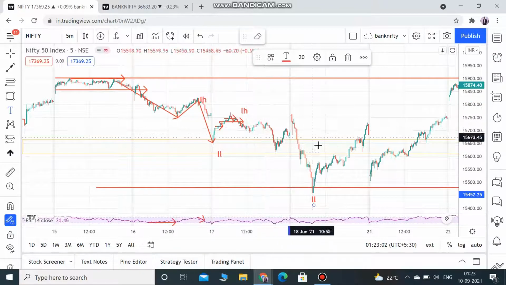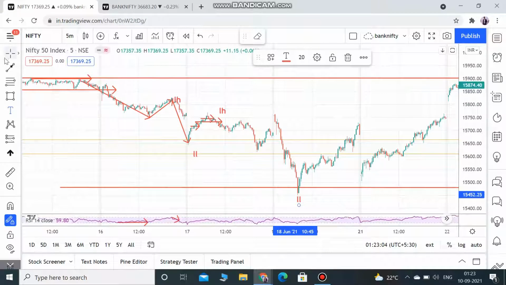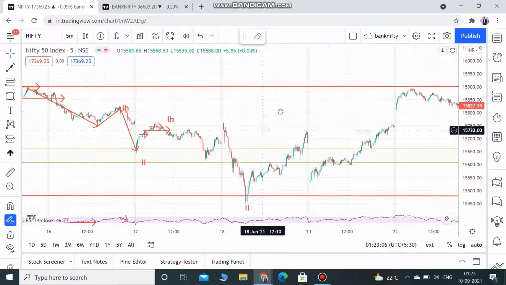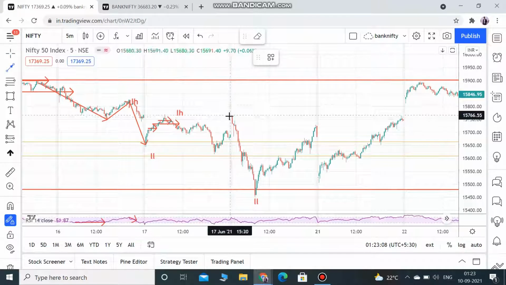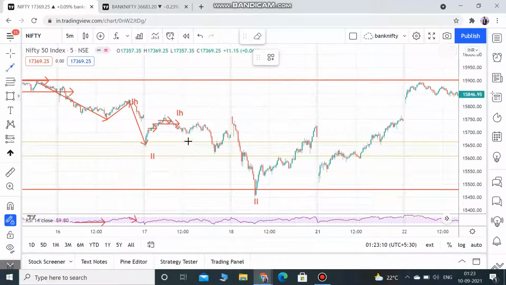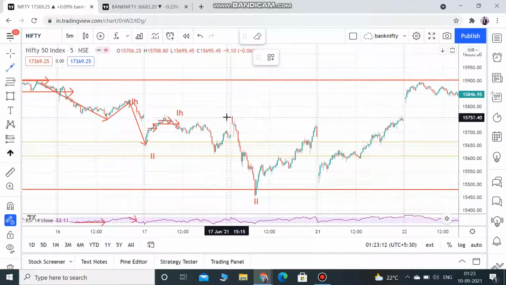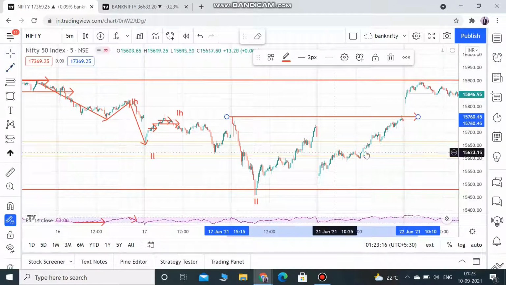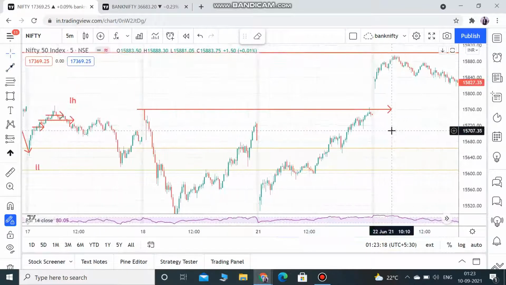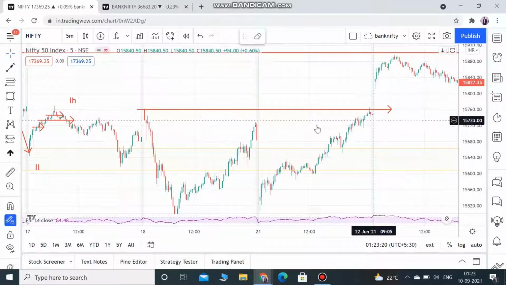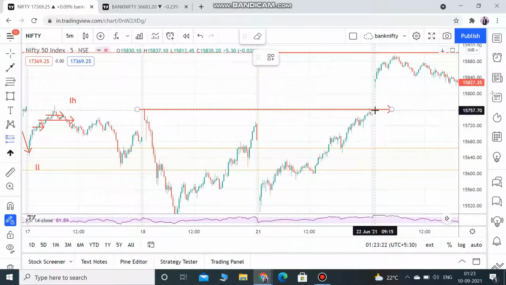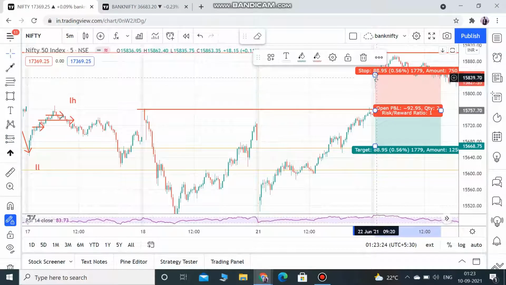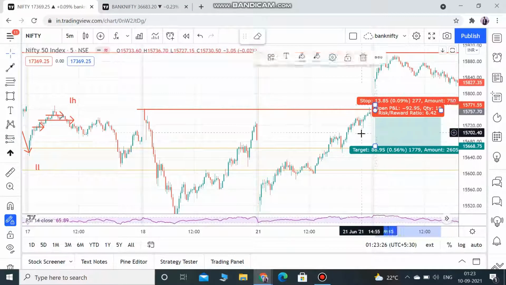That is what is forming here. Then you can keep shorting till it crosses one of the lower highs. So basically you can short it till here, where you can take a chance here too, but with the stop loss just above this.